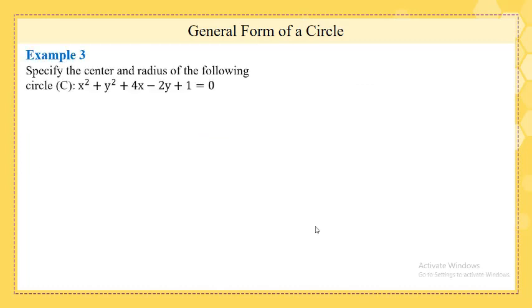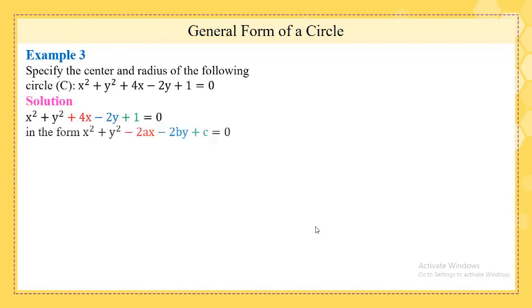As an example, if you were asked to specify the center and radius of the following circle of given equation, this equation is in general form, as we mentioned in the previous slide, which is x² plus y² minus 2ax minus 2by plus c equals 0. By comparison, we know that minus 2a is equal to 4, then a is equal to minus 2.